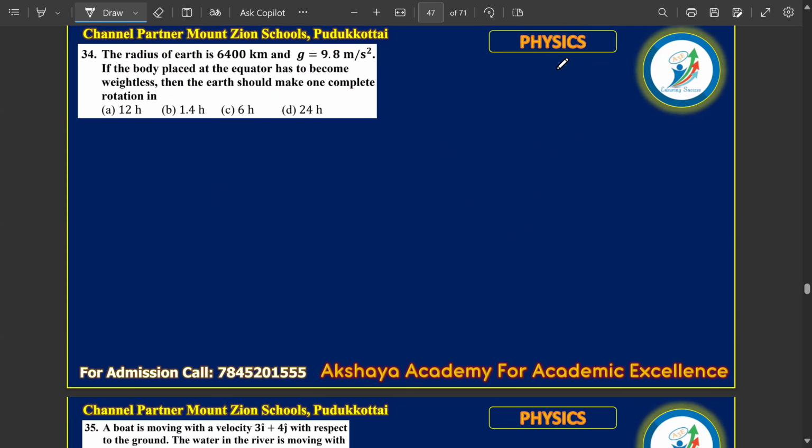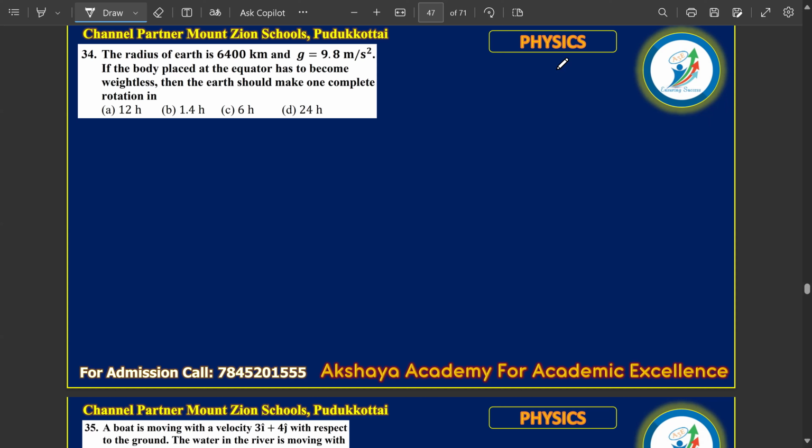Question number 34. The radius of Earth is 6,400 kilometer and g is equal to 9.8 meter per second square. If a body placed at the equator has to become weightless, then the Earth should make one complete rotation in dash hours.